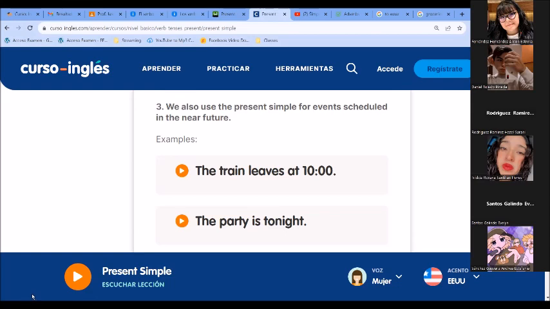Tinajeros, do you want to jump in there? Is your microphone working, guys? Lots of dead microphones.